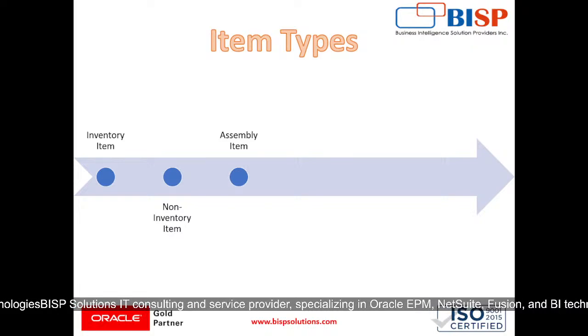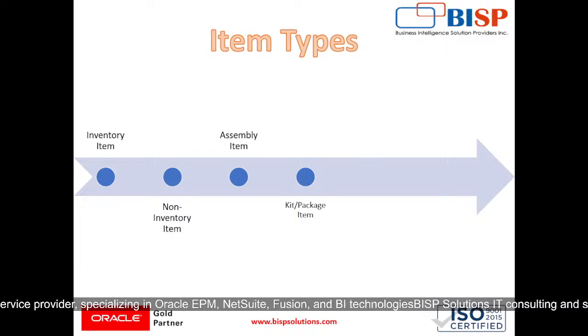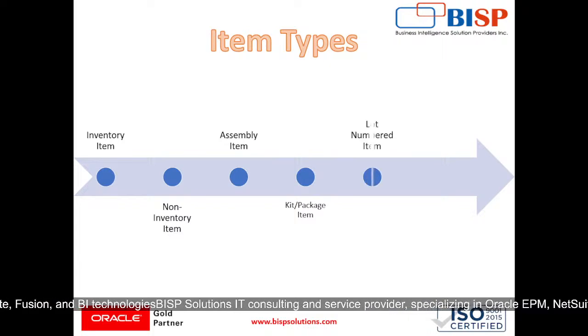Then comes our assembly items, where a finished product made from multiple components is there, for example a computer assembled from CPU, RAM and hard disk. Next is kit or package item, which means a group of multiple items sold together as a bundle, for example a starter kit that includes a laptop, mouse and bag.